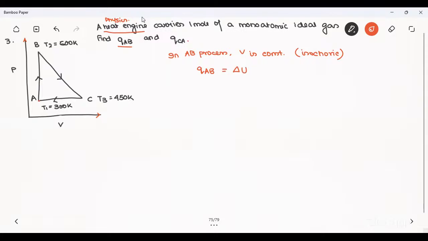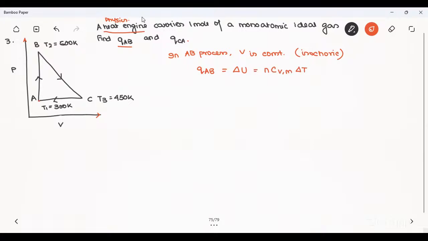Because this is an adiabatic process and this is an isochoric process. And in the first or second class only, I have told you that for an isochoric process, Q is equivalent to delta U. And delta U is n CVM delta T. Right? This is the formula we already derived.